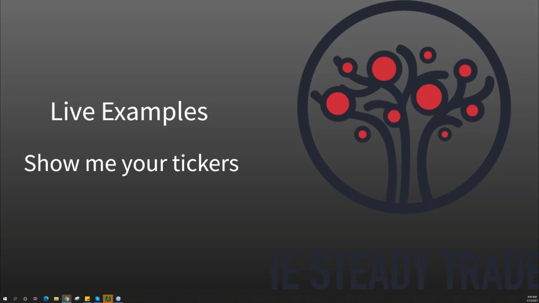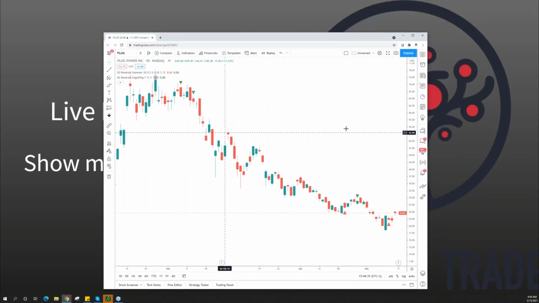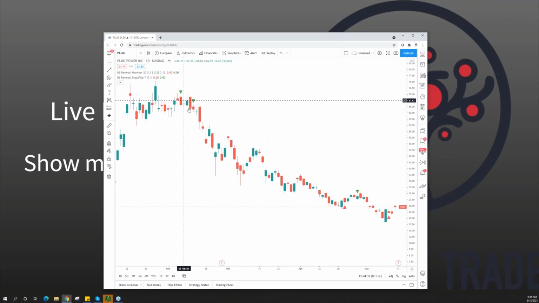So let's have a look at PLUG. Let's go back to that first example you guys were asking me about a few minutes ago. So what do you think happened up here? What did the investors, the algorithms notice? They noticed extreme investor positioning, and that's where everyone was starting to buy, but the algorithm was starting to sell.